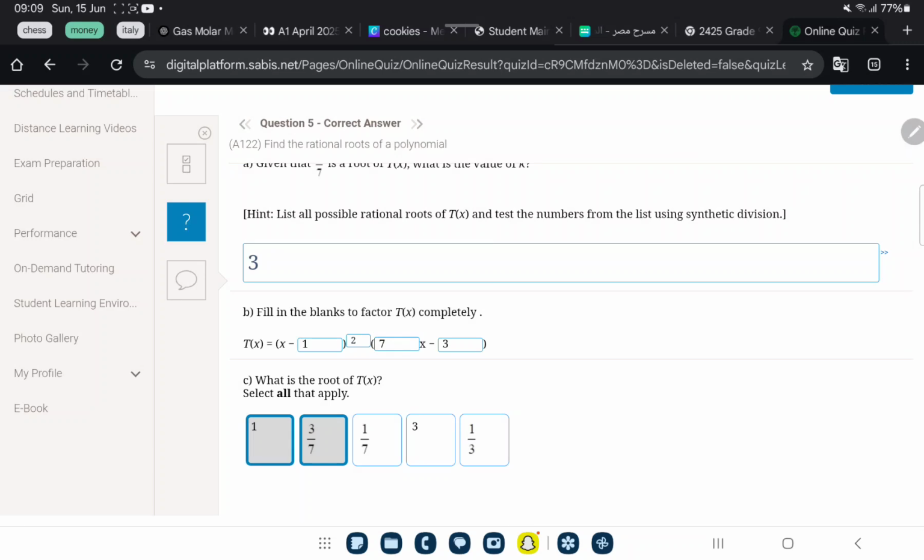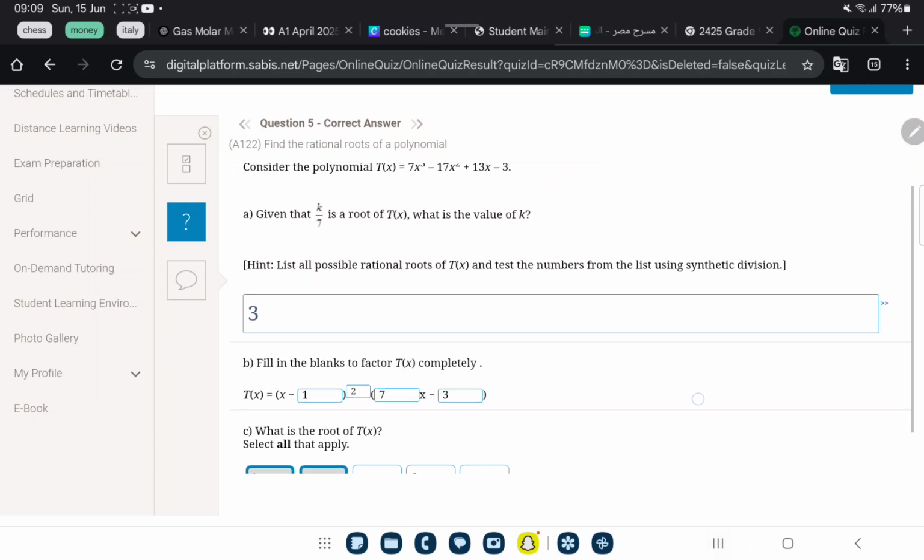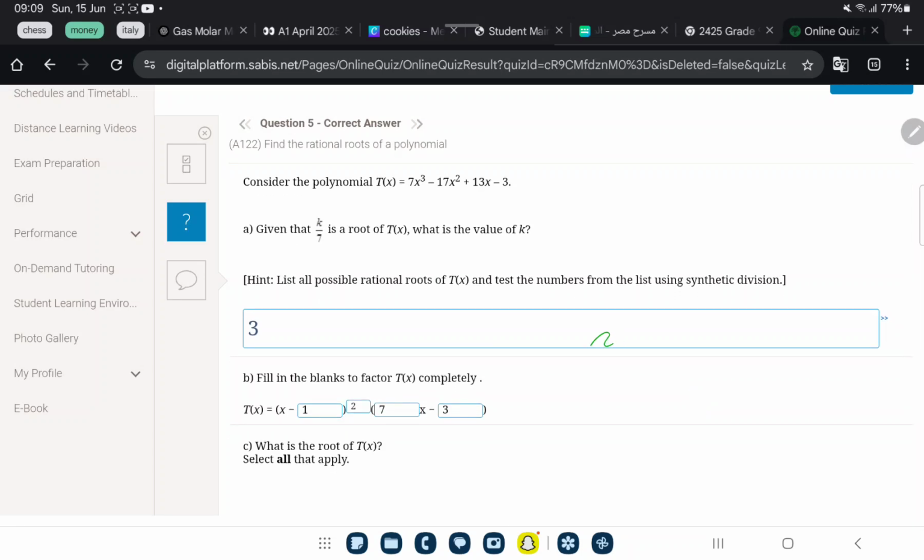Now fill in the blanks to factor t of x completely. So again, we're doing synthetic division. We got that one of the roots is 3 over 7 already. So 7, minus 17, 13, and minus 3, and it is divided by 3 over 7.